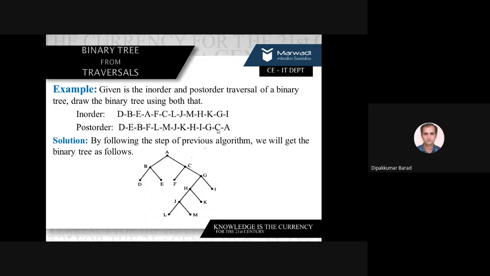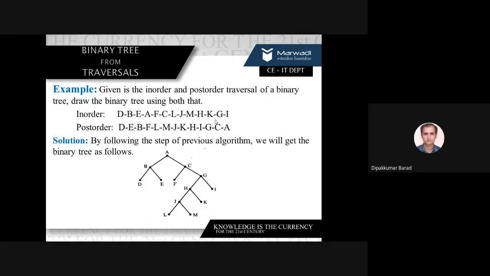Now second one is the root of the right subtree, and G is the root at the second level here. Okay, so the right child of C we get G.